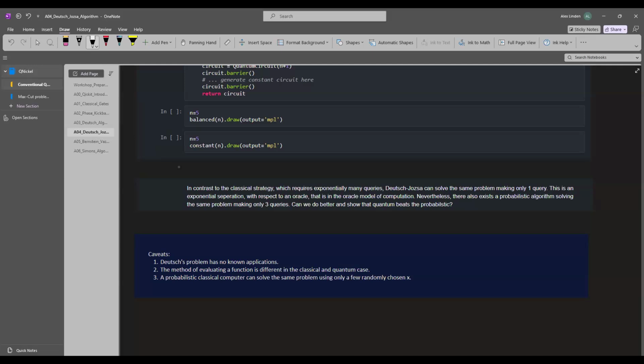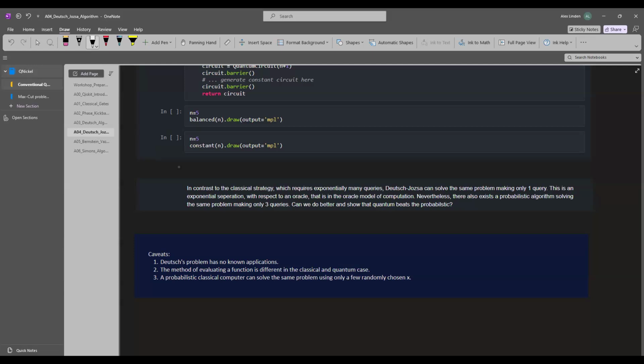They showed one of the possible algorithms. We basically showed the worst sensible algorithm, but we have a probabilistic algorithm, using randomness, which will solve the problem making only three queries. And here we don't see that speedup as significant. I think it's useful to pay attention to that.